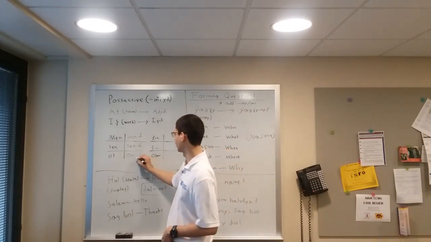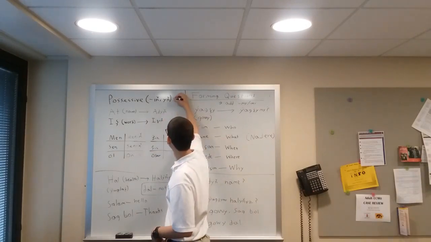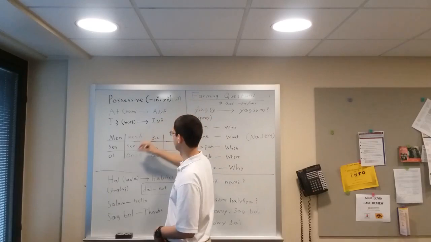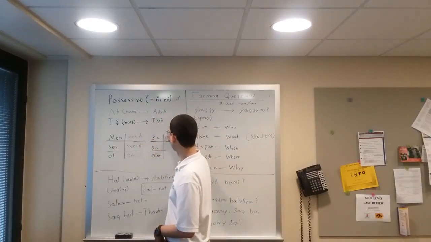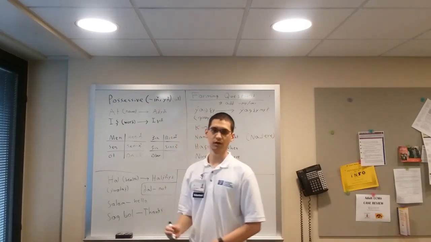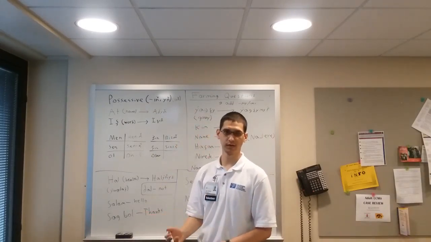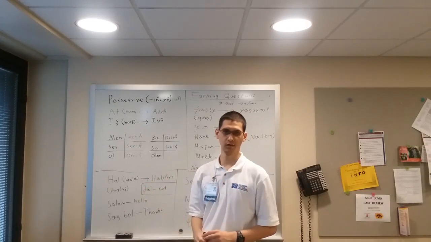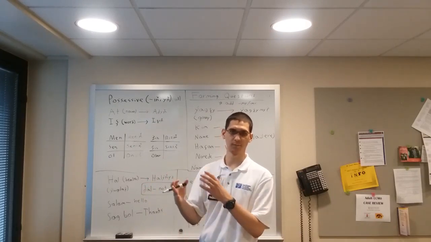But basically, yeah, we had you, and sometimes we would be bizing. Siz would be sizing. Siz means you all or you formal, remember? So sizing means your in a plural way, or your in a formal way.